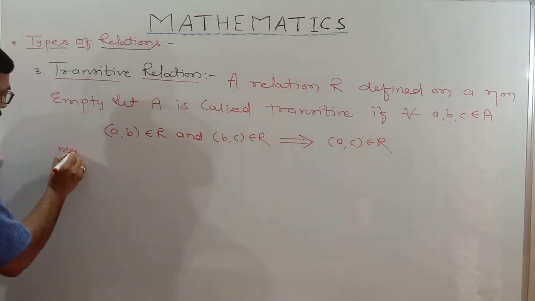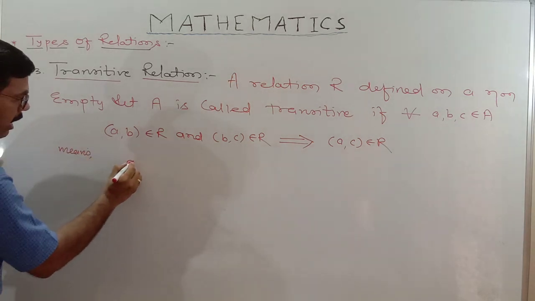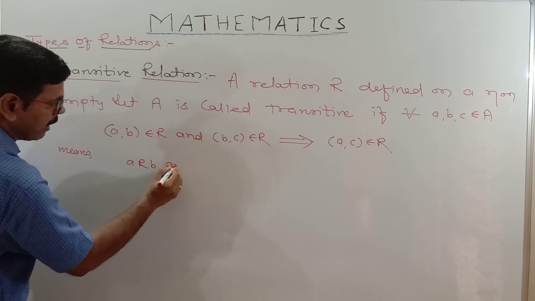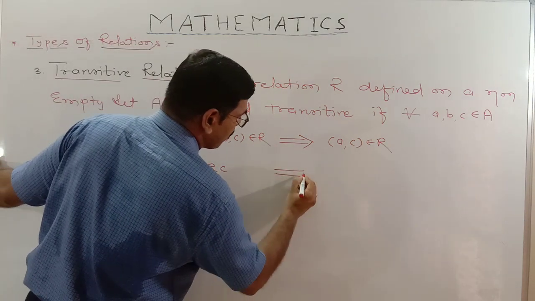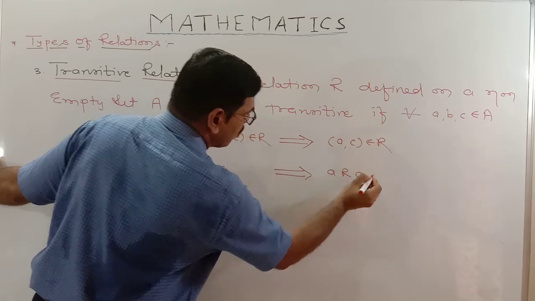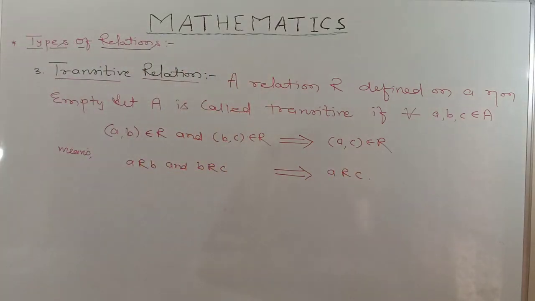We can also write it like this: a is related to b and b is related to c, so it must be that a is related to c. Okay, so this is called the reflexive relation, sorry, the transitive relation.